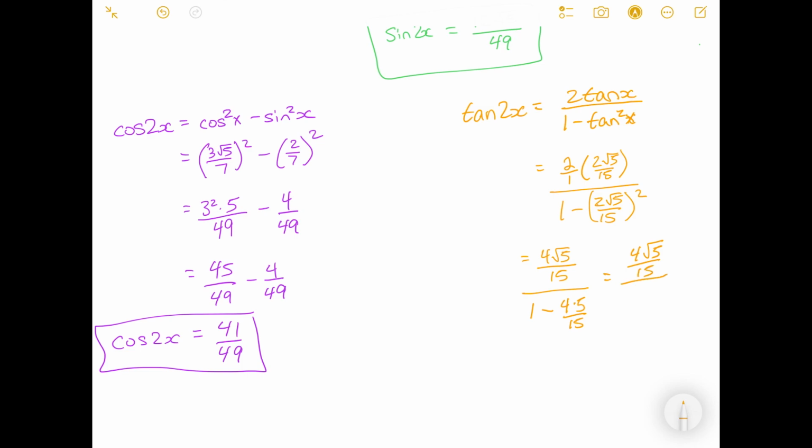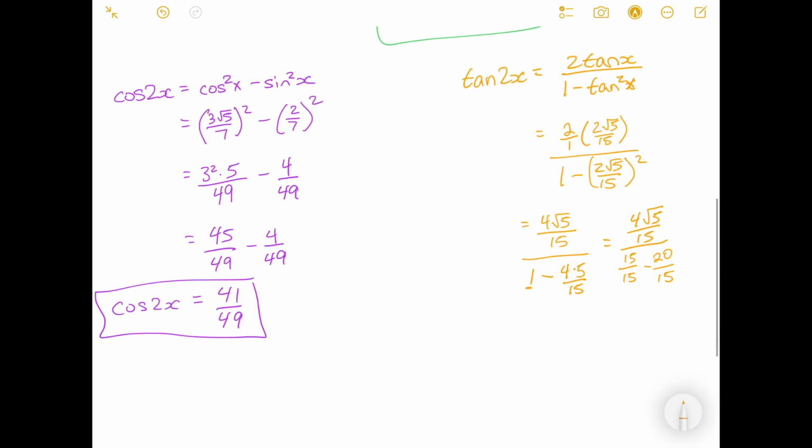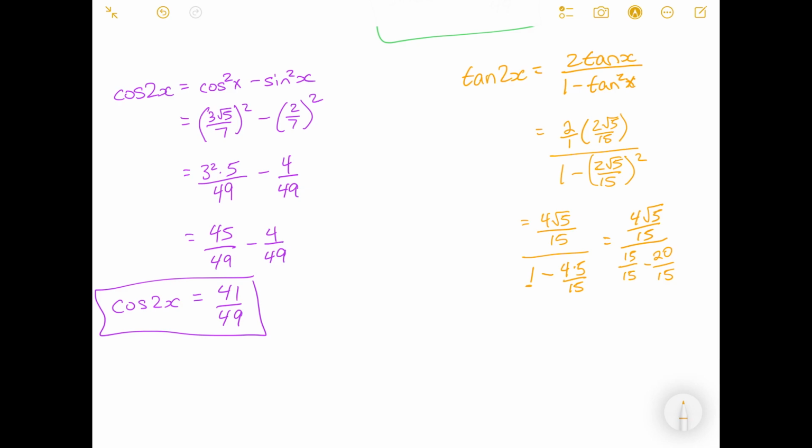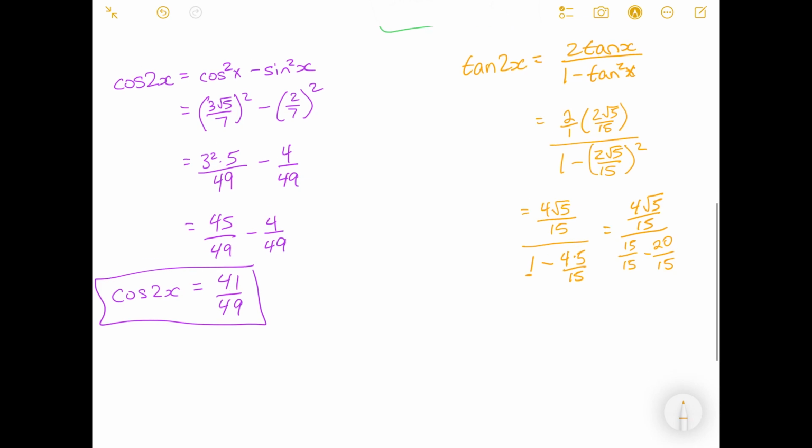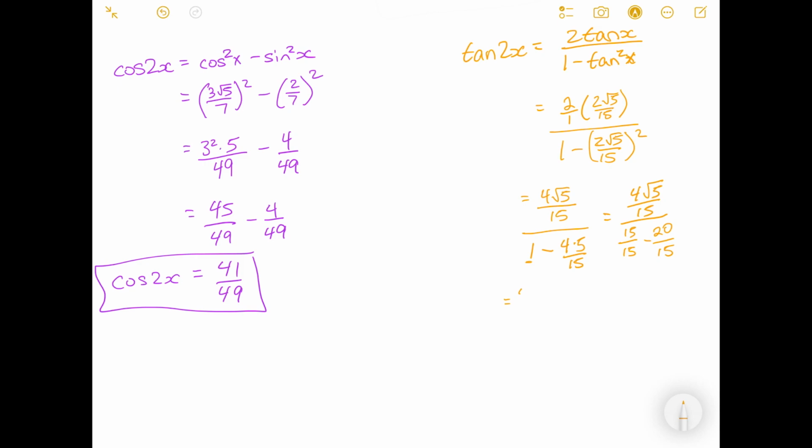This one here, I'm going to do a few things in one step. The 1, I'm going to write as 15 over 15, and then minus 4 times 5, 20 over 15. Okay, and now, we're getting close, 4 root 5 over 15, all over negative 5 over 15.